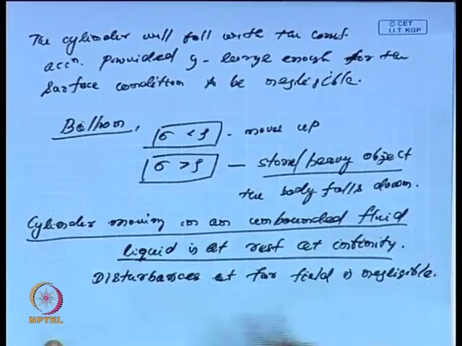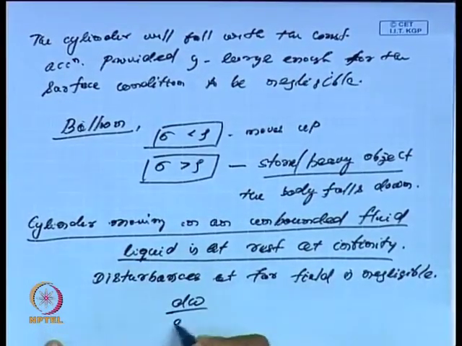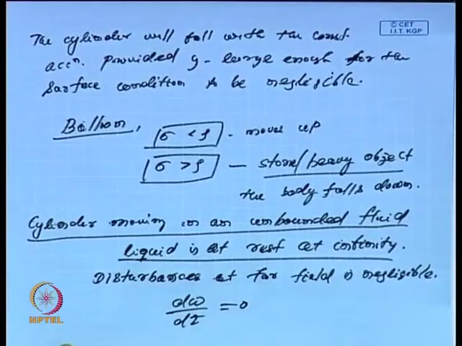So, in that case dw by dz will be 0 at far field, for large values of z.